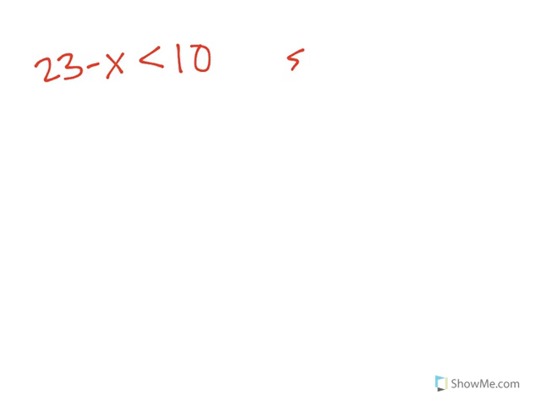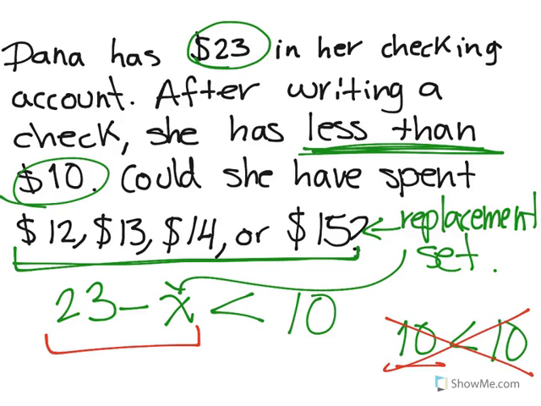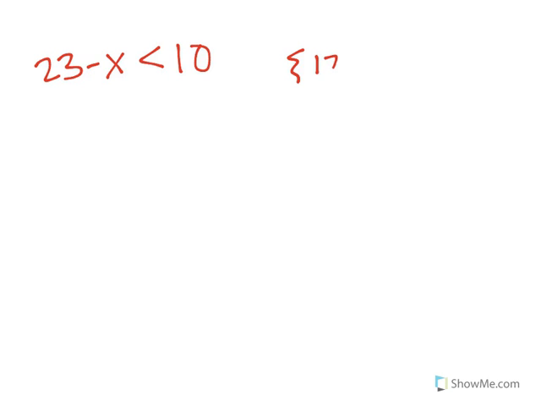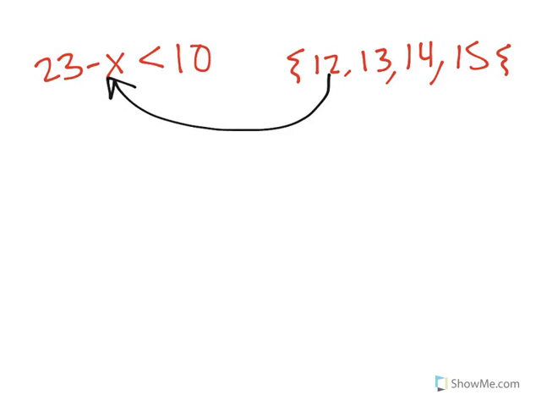Very well, so we can translate the problem into 23 minus x is less than 10, having the replacement set of 12 to 15. So 12, 13, 14, and 15. So now we just do what we did before and replace x with the 12, and then with the 13, and then with the 14, and then with the 15, and see which ones work.